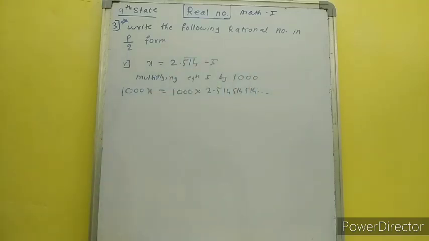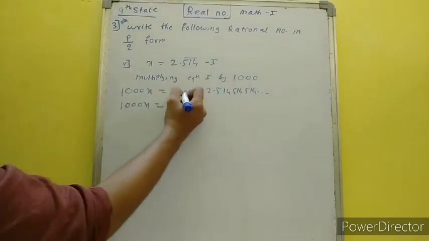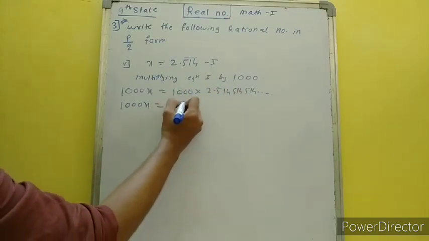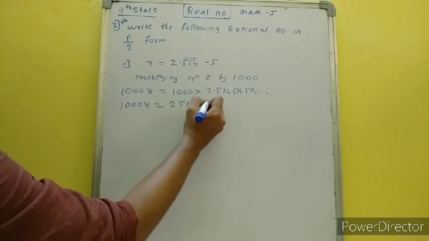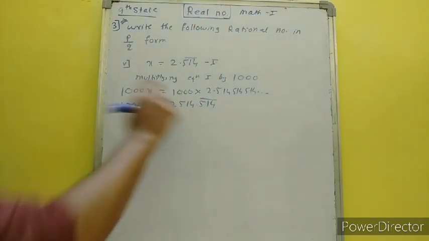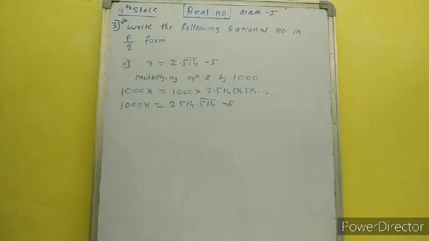Repeating means 514, 514. When I multiply this by 1000, the point will come here, 2514.514 recurring. 514 is repeating in the second equation and in the first equation.